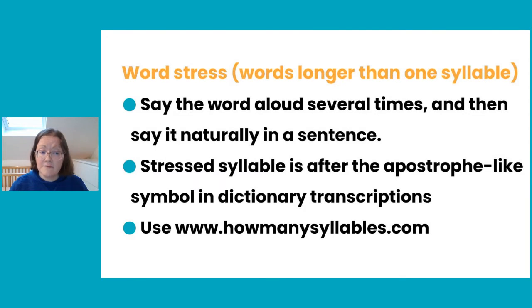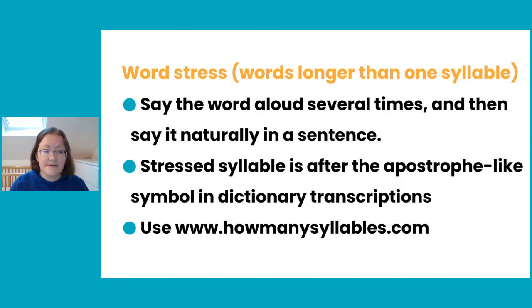Again, there are a couple of ways that you can figure out what the dominant syllable is. You can say the word aloud several times. You can say it naturally in a sentence. Even better, you can get somebody else to say it aloud and to say it in a sentence, and just listen for that stressed syllable.